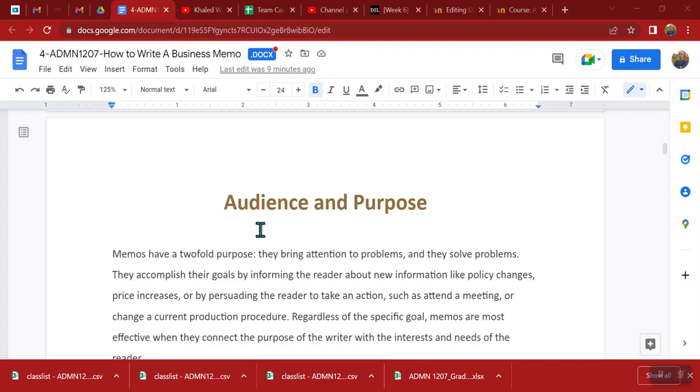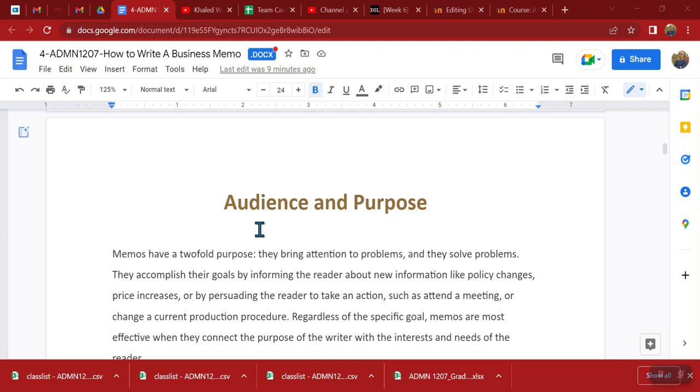It's very important to understand that the purpose is not the only thing; besides clearly writing the purpose, you need to understand the audience, the ones who are going to receive the memo, read it and probably take action.